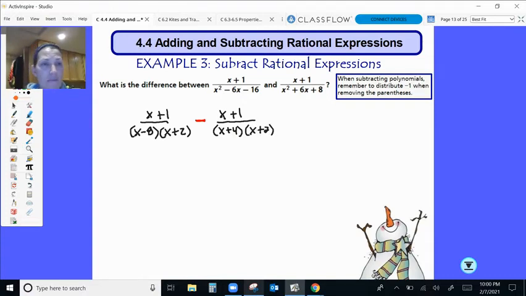I'm going to do the exact same thing where I ask, what are my common factors, which in this case is x plus 2, right? And then I have an x minus 8 here, and I have an x plus 4. Those are the ones that are different. So over here, I'm missing the blue one, x plus 4. I want to multiply top and bottom by x plus 4.